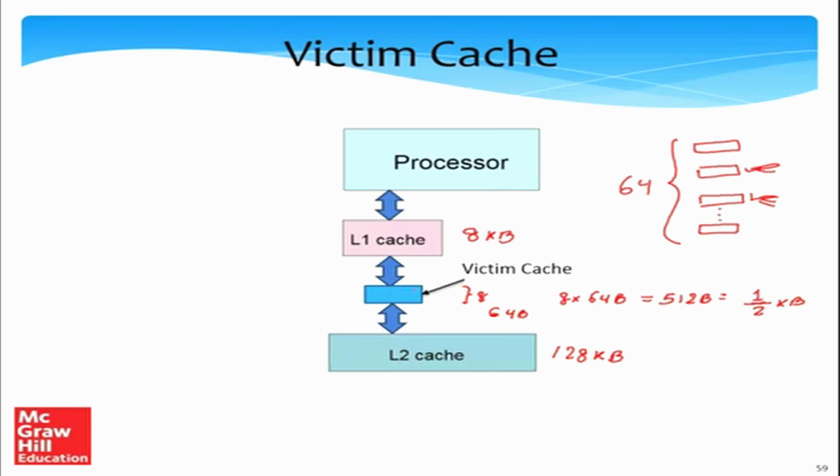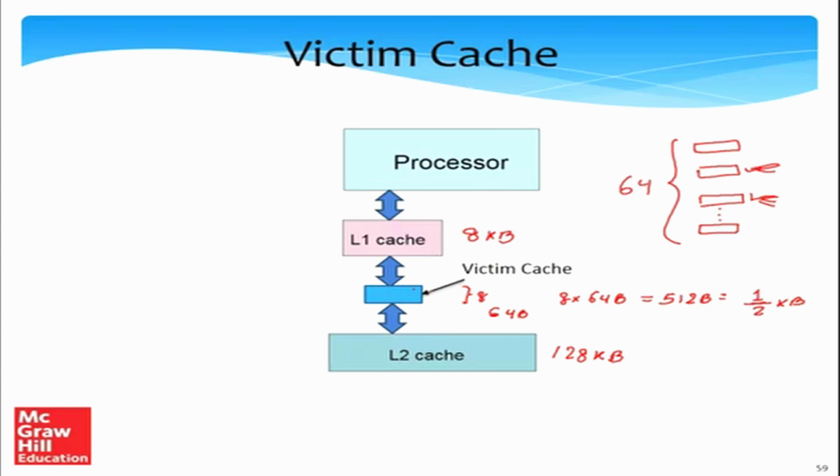As a result, the victim cache might play a significant role in appreciably reducing the number of memory requests that go to the L2 cache.